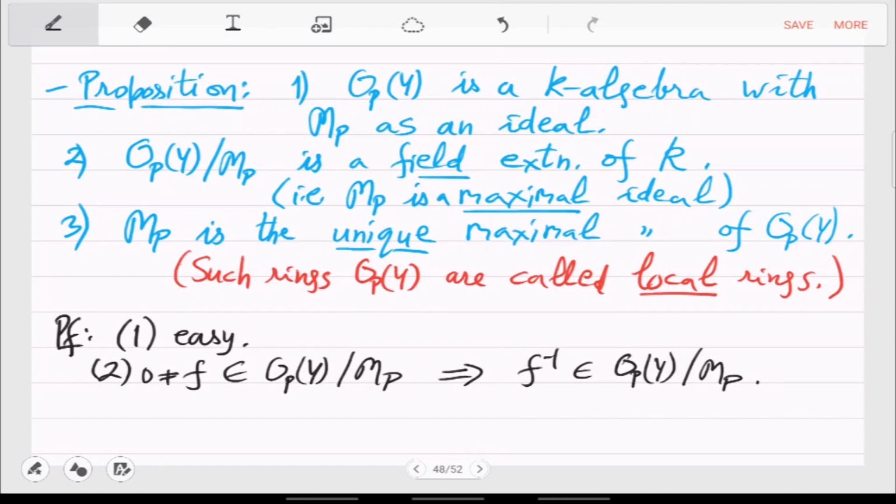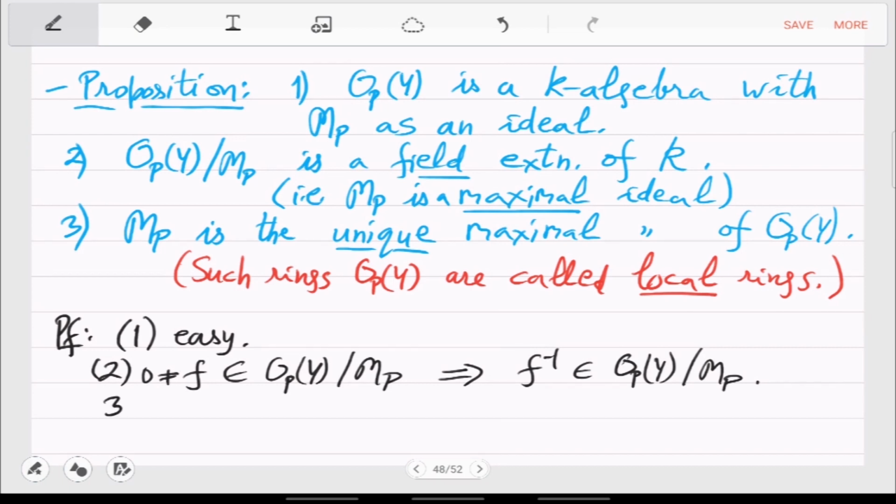I want to show that O_{P,Y} mod M_P is a field. So take an element F. It's not 0 means that around P it is defined, and at P it is not 0. So hence 1 over F is also defined in the same ring. This shows that O_{P,Y} mod M_P is a field, which then also implies that M_P has to be a maximal ideal. So all that is implied.